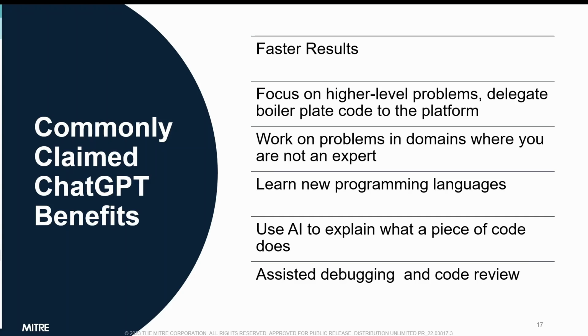If you are using ChatGPT to explain a piece of code, it could be inaccurate because ChatGPT does not have the full context or intention of that code snippet in the broader code base. And while I'm really excited about using assisted debugging and code review, don't remove the humans from the loop yet.